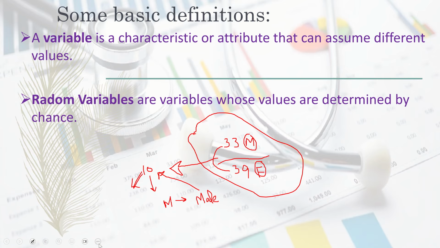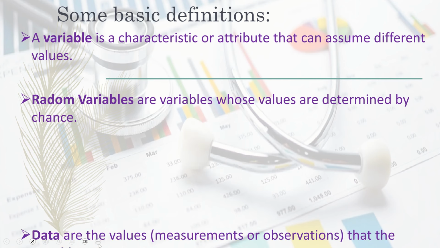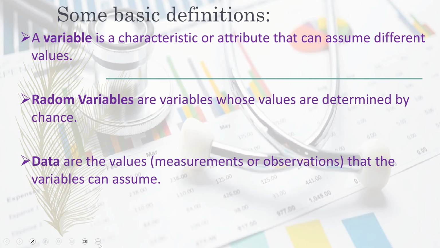We will be talking about random variables later on in coming lectures in detail, obviously. So once we have a variable, it can take some values, and those values are assumed to be the data. The values of a variable are termed data.